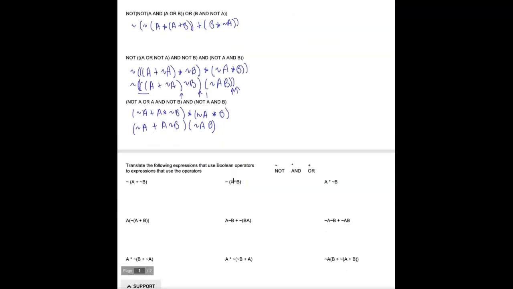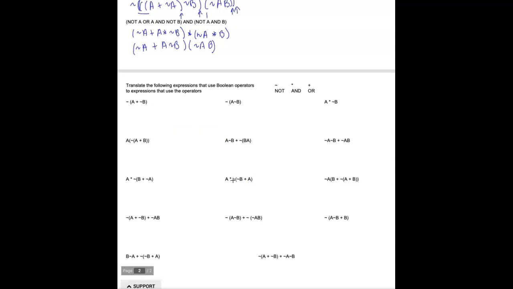Okay, this type of problem here, it's the opposite direction. We're adding, using the ands, ors, and nots instead of these symbols. So that tilde is the word not. That plus is the word or. That tilde is a not, and that not applies to the B. Here we have an outer not.